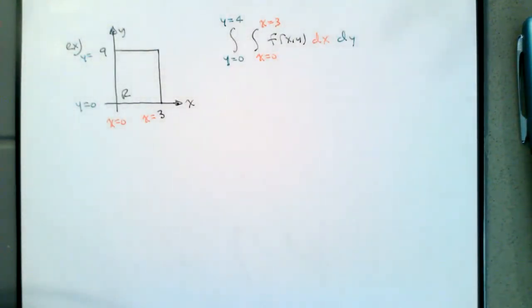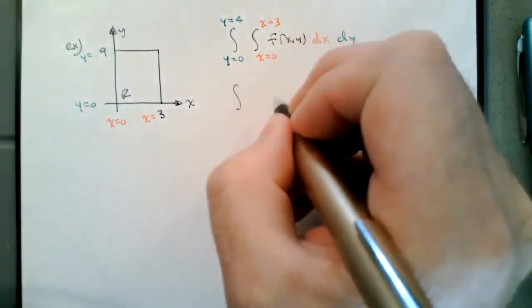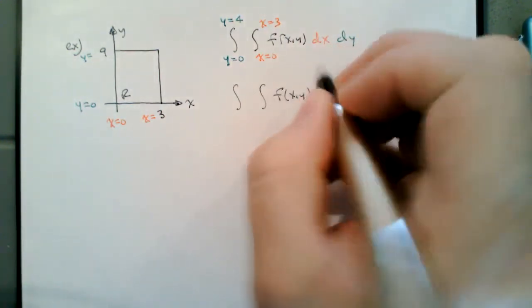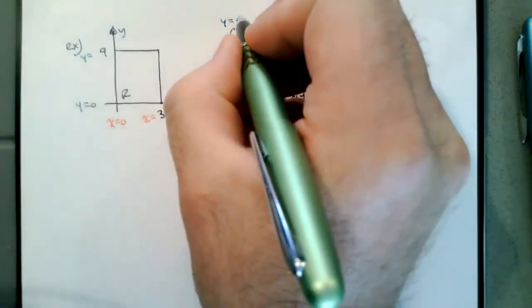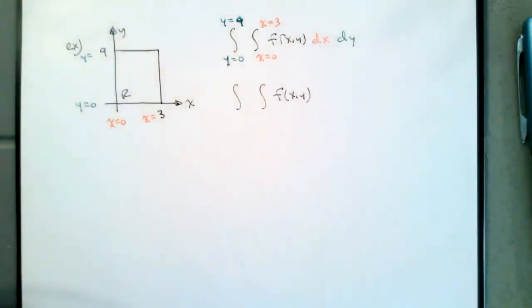We just have a rectangle, nice and boring, so I can change the order. Oh, 9, not 4. That's what I wrote, see? I don't know what you're talking about with 4. Oh, you didn't talk about 4, dang it.